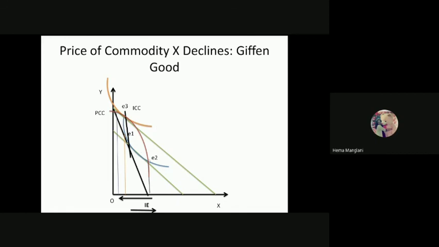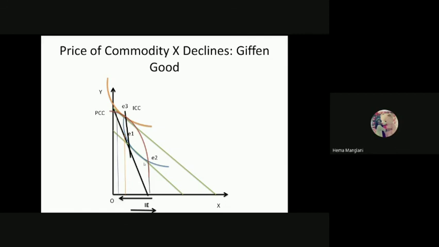From E2, you would like to consume more because your income is rising, since the price of X is now declining. But all of a sudden you realize that commodity X is a Giffen good for you, so you would like to consume even less than your initial consumption bundle. See, from this black to this vertical orange line, this much X you were consuming at the initial stage.